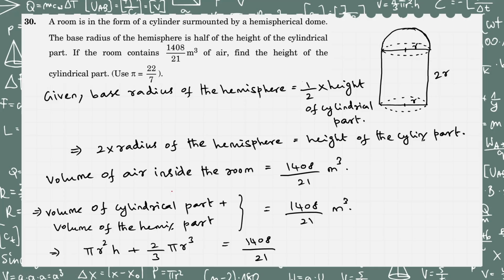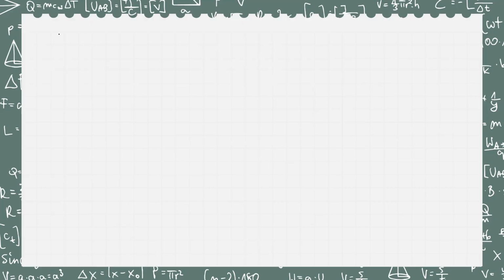Correct? Now what we are going to do is, this height is equal to 2 times the radius, right? So we are going to replace h with 2r and proceed further. Let's see what happens.